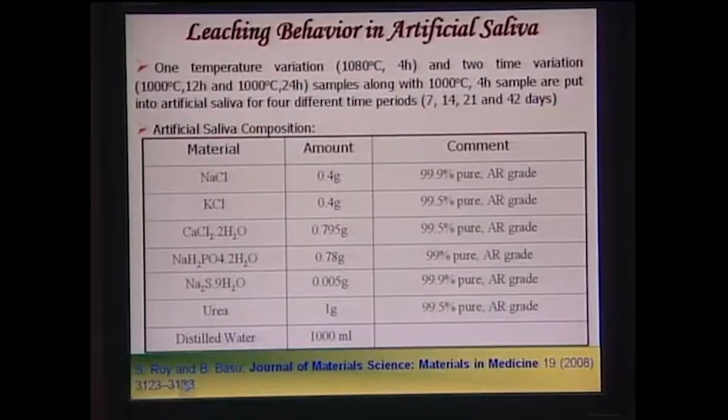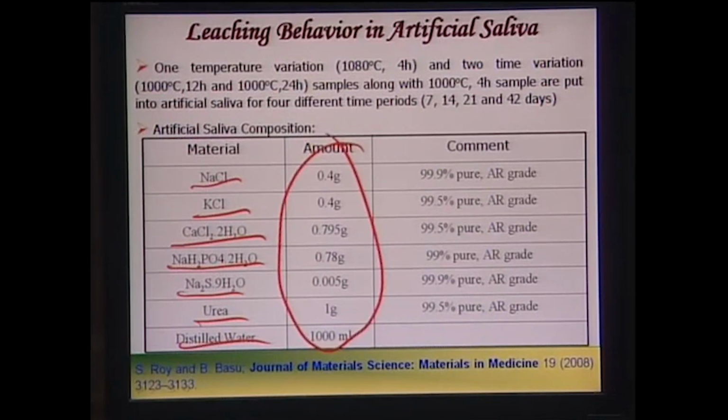It has NaCl, KCl, calcium chloride, NaH2PO4, Na2S, urea and distilled water. This composition has been taken from textbooks and other literature, and we have done this testing up to 42 days, that means 6 weeks. Based on the mechanical properties and the microstructure, we selected a few samples which were further tested in artificial saliva.